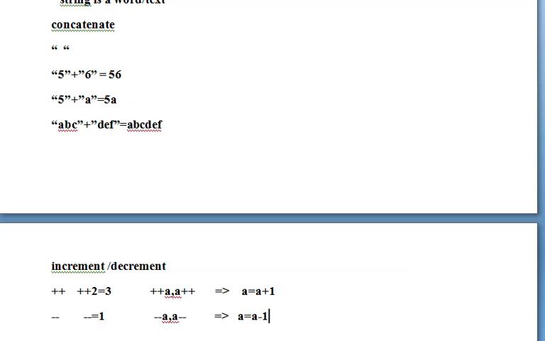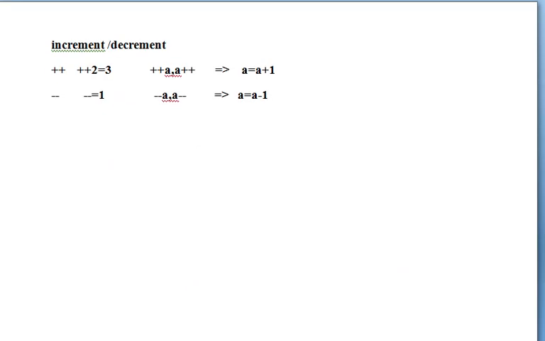Like in this book example, sum is equal to sum plus count, where the initial value of count is 10, and the initial value of sum is 0. The plus count means we are incrementing it first because this is a prefix notation.